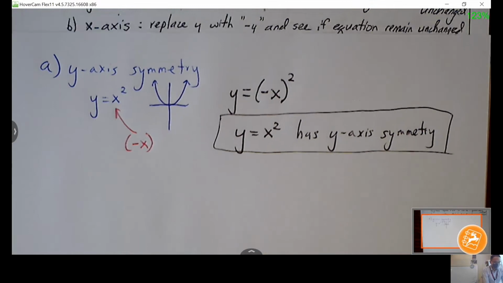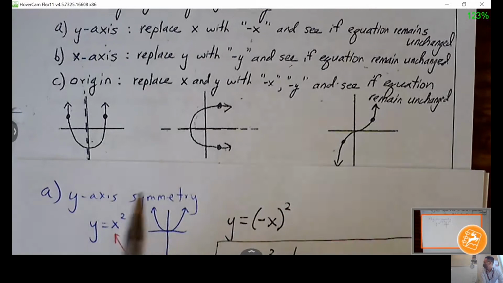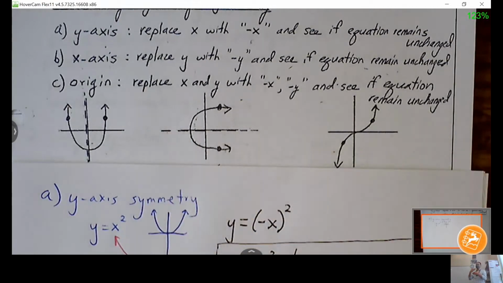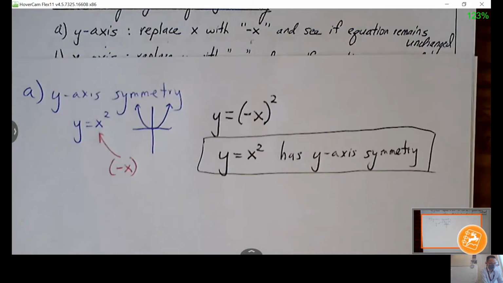Okay, second example, x-axis symmetry. So x-axis symmetry means visually you can fold the graph over the x-axis and you get a perfect overlap. Right? So I can replace the y with negative y and see if the equation remains unchanged.